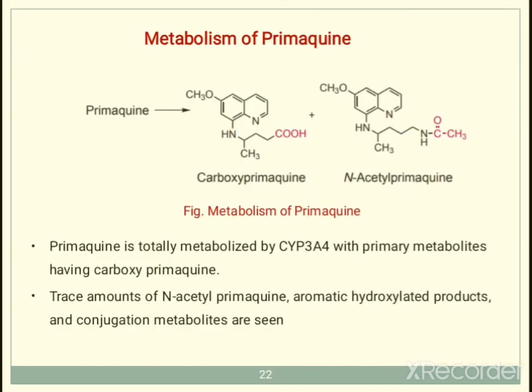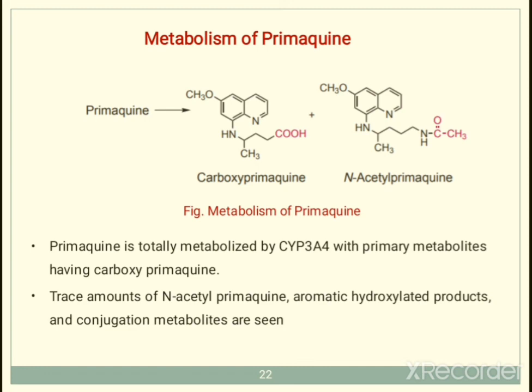So the metabolism of these 8-aminoquinolines, in that the first example is primaquine. You can see the primaquine metabolism structure given over here. So primaquine will be metabolized into carboxyprimaquine.